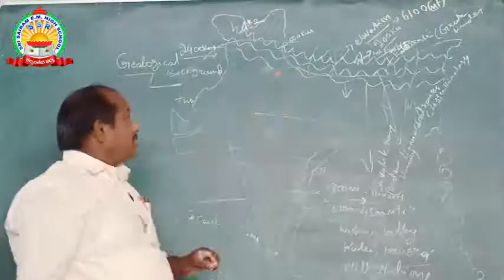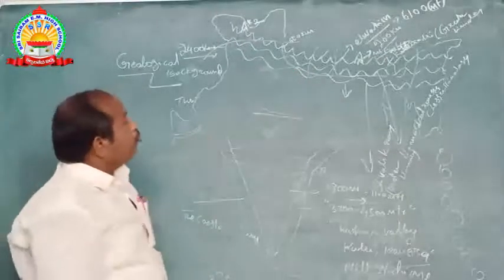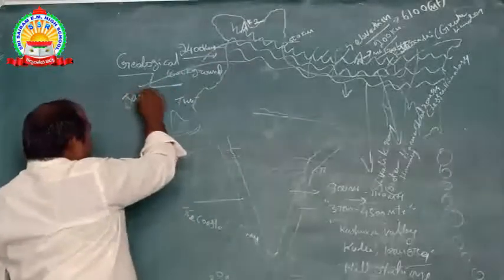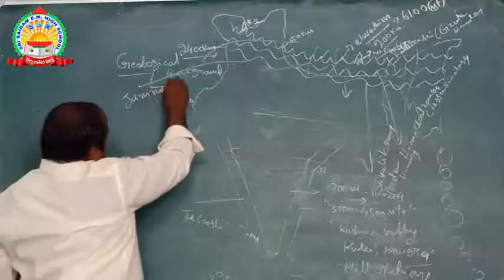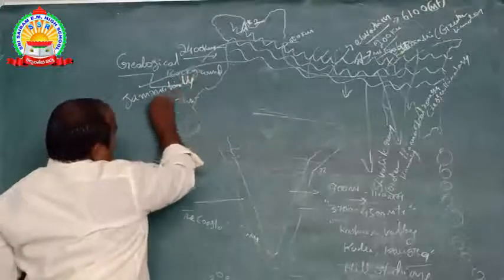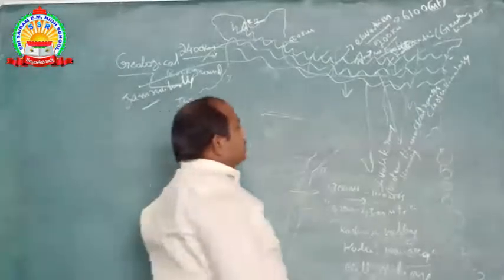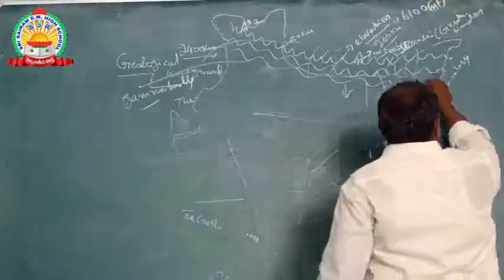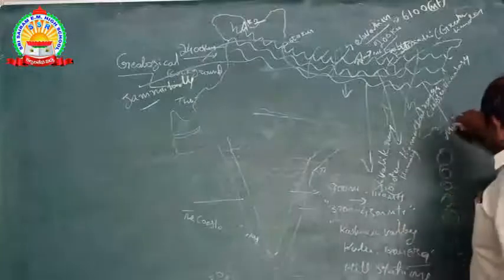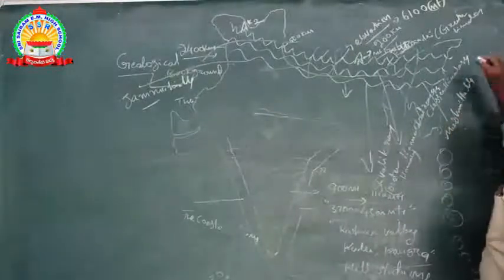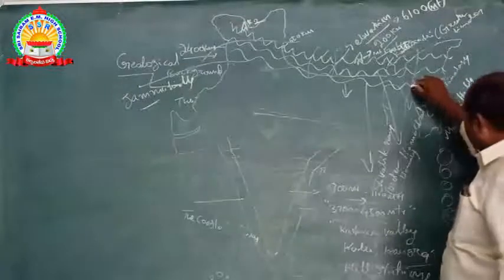This range is called by regional names. Jammu Kashmir, Jammu Hills. Arunachal Pradesh, Mishmi Hills. Assam, Kachar.